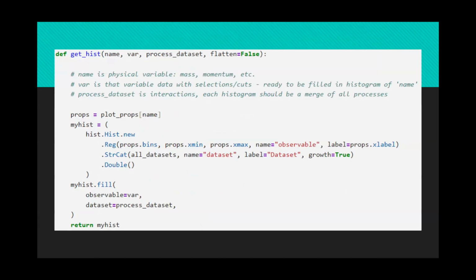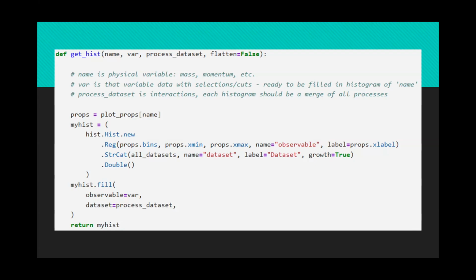And the last excerpt that I put in is my histogram structure, which, as I said, I changed from 1D to 2D, so it saves the process names. It extracts histogram properties and then defines the histogram object, which effectively builds the histogram structure.